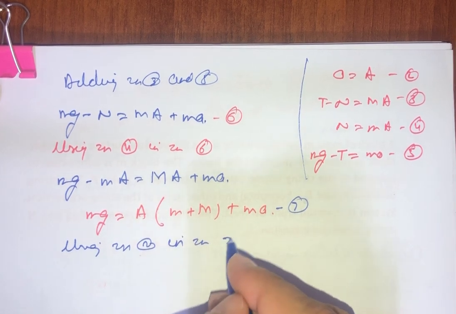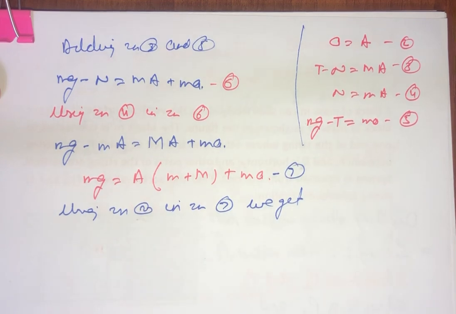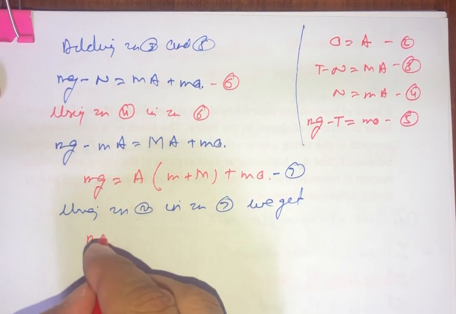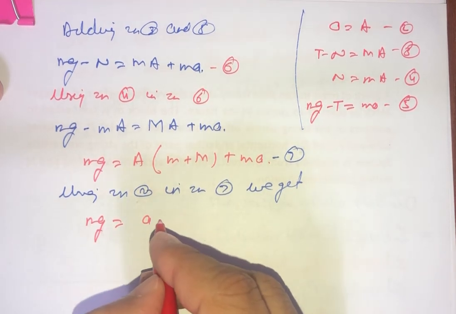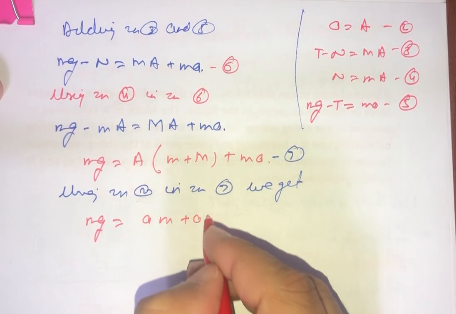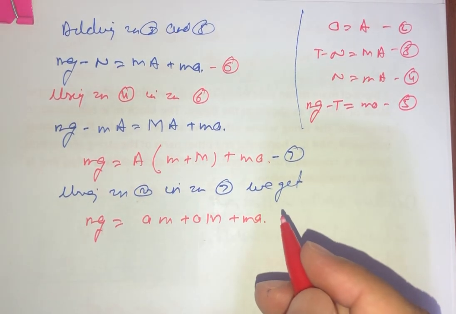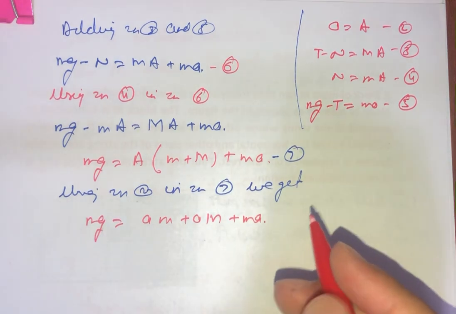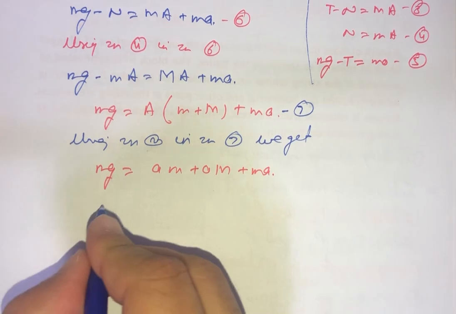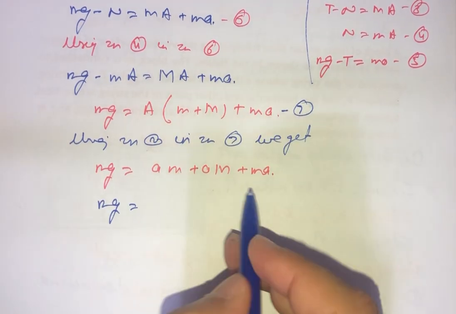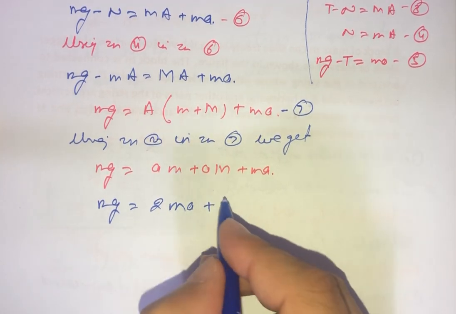In equation 7, we get mg is equal to, if we put a, we get m plus M, a m plus ma, and you can say that mg is equal to 2ma plus Ma.